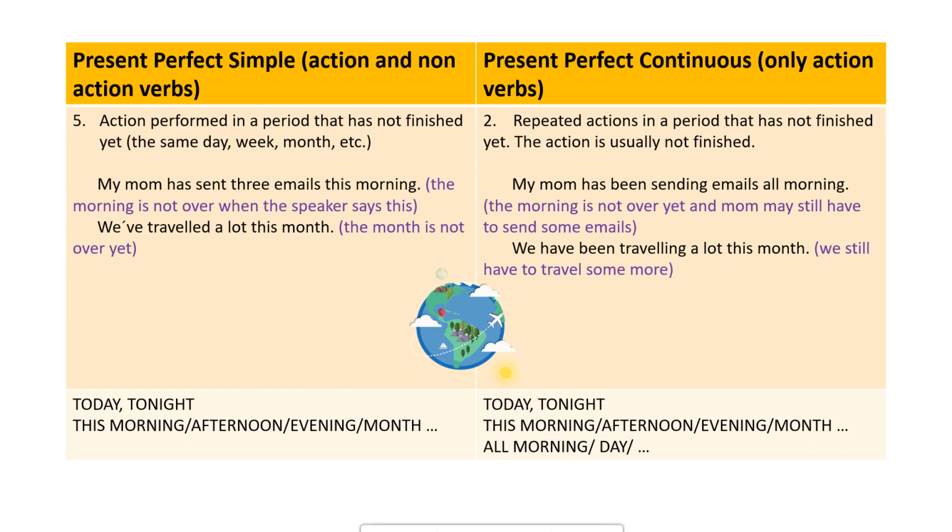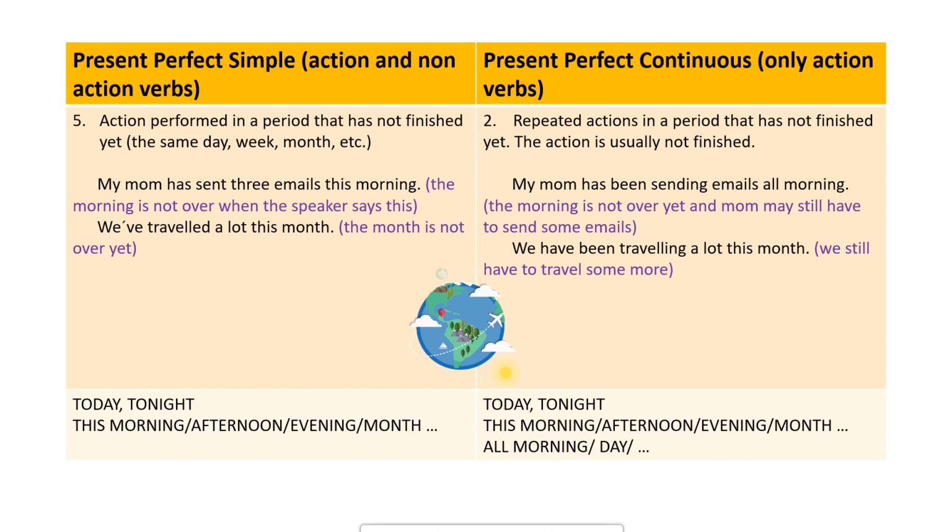So you can say, we have traveled a lot this month. Yeah, the month hasn't finished. With present perfect continuous, we talk about repeated actions in a period that has not finished, and the action is usually not finished now. It looks quite similar, right?